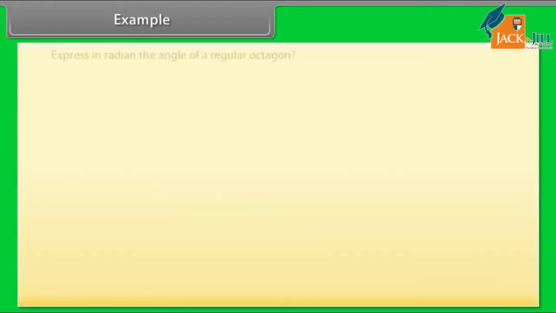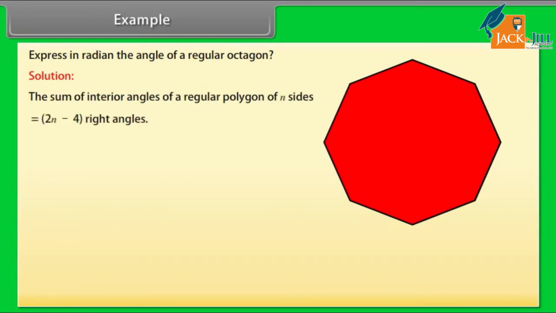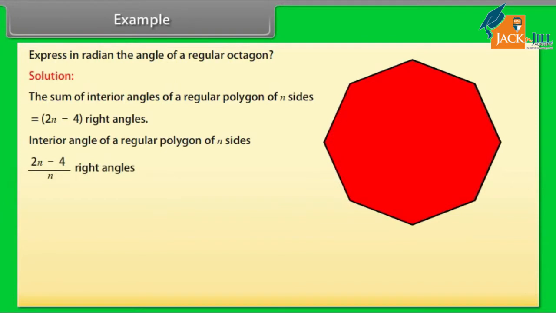Example. Express in radian the angle of a regular octagon. Solution. The sum of interior angles of a regular polygon of n sides is equal to 2n minus 4 right angles. Interior angle of a regular polygon of n sides is (2n minus 4) by n right angles. An octagon has 8 sides.